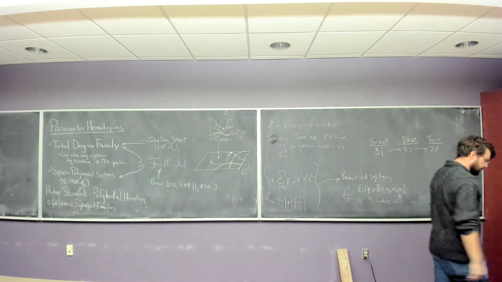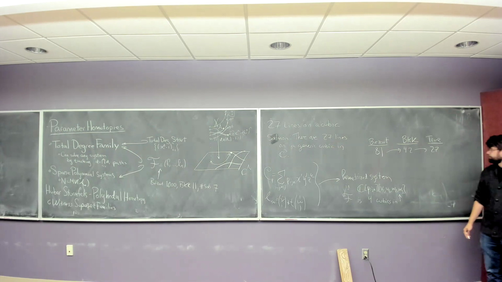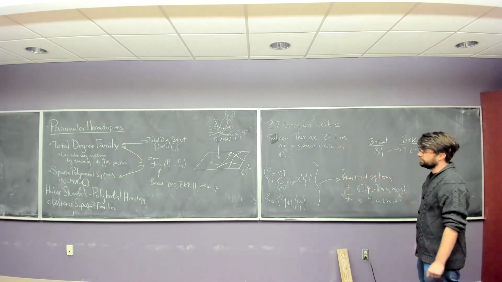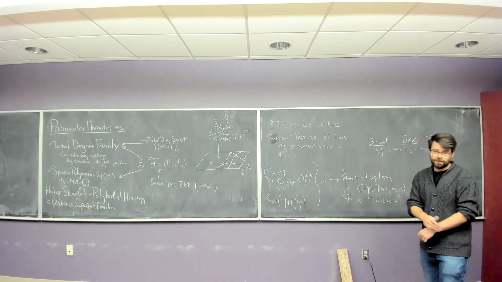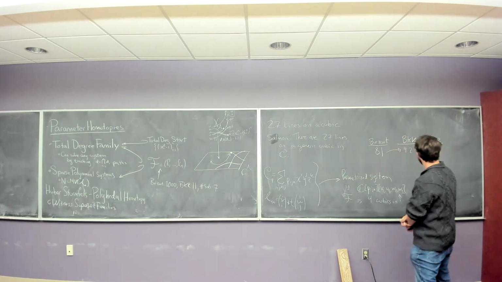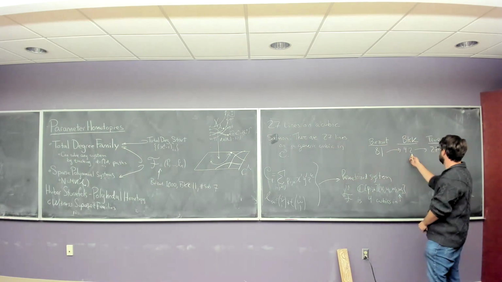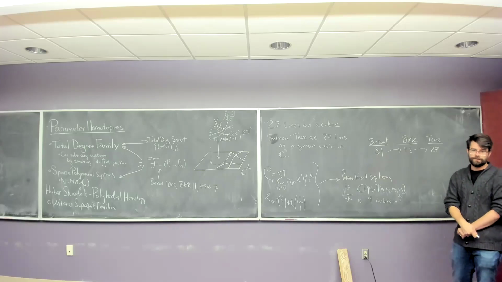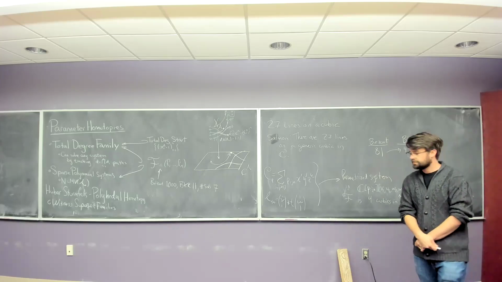So if all you know is this total degree start system, or this sparse polynomial system, this polyhedral homotopy, then to solve one of these, you're forced to waste either 15 paths if you're doing BKK. You'll only waste 15 paths.